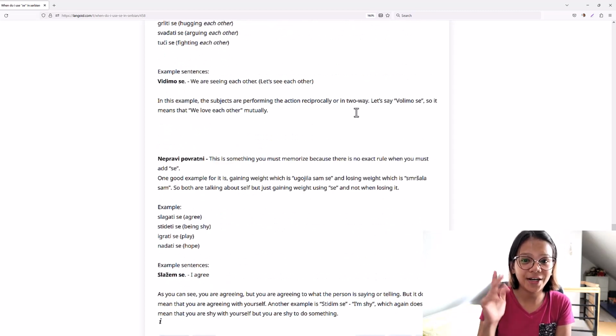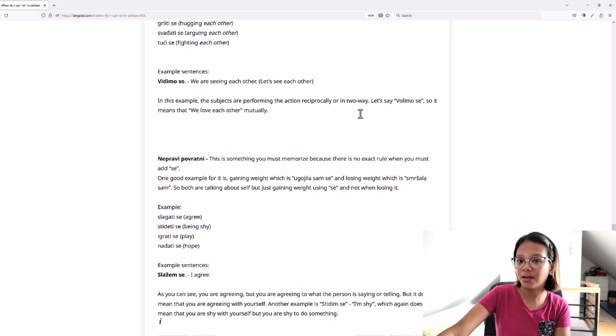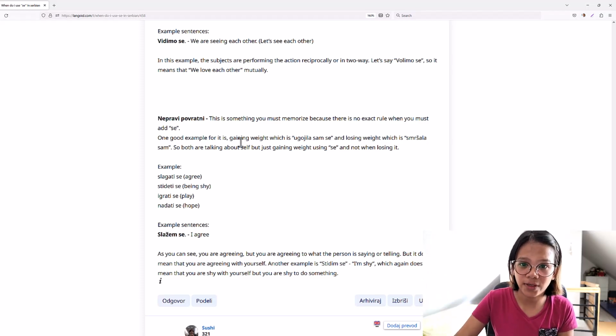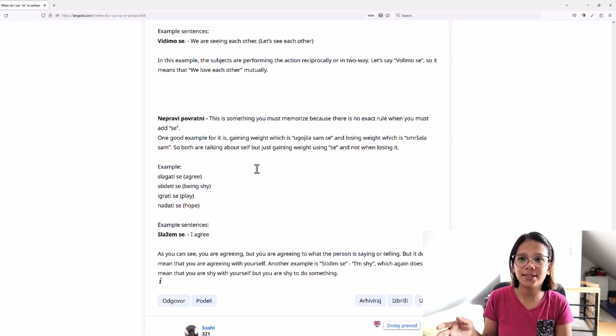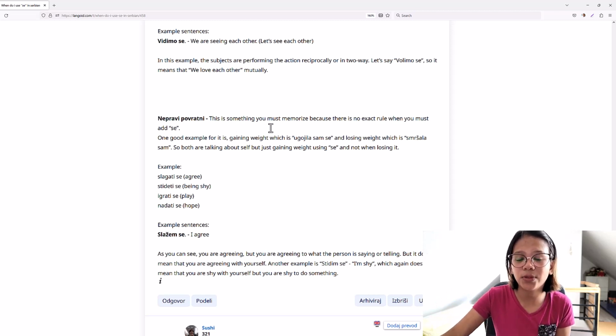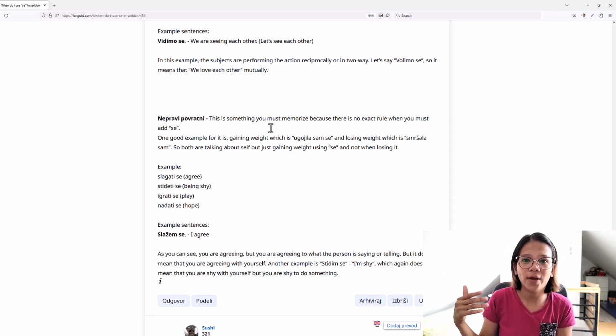Let's go to the third type of the se verbs in Serbian, which is the neprawi povratni. I translated it as irregular because it is something you must memorize. You see, I put the meaning here. This is something you must memorize because there is no exact rule when you must add se in this type of se.